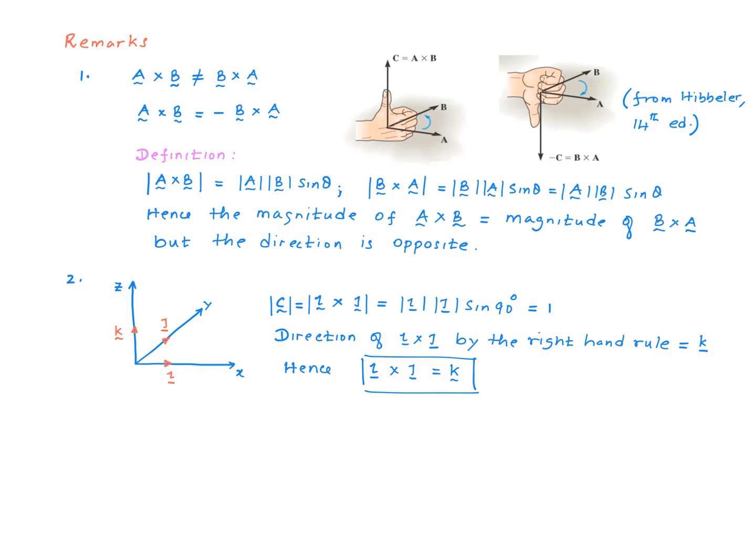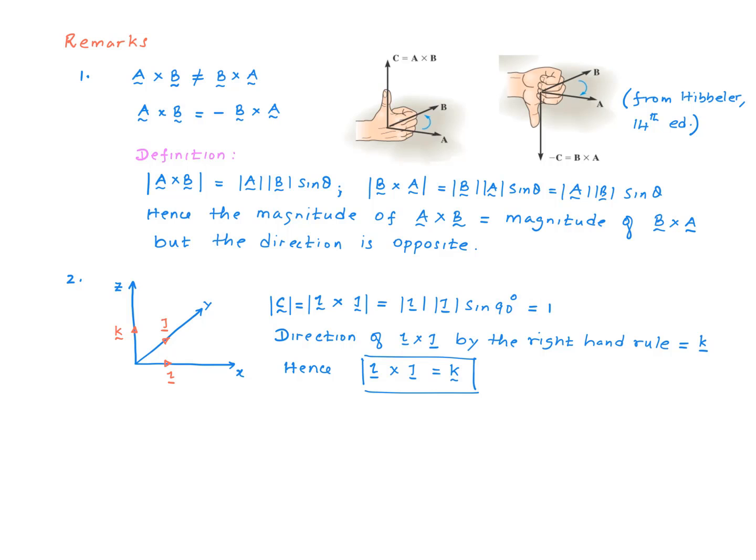The angle between i and j is 90 degrees, right? Because this is a Cartesian coordinate system, and therefore the angle between the axes is 90 degrees. The magnitude of i is 1 by definition, magnitude of j is 1, sine 90 is 1, and therefore the magnitude of C is simply 1.